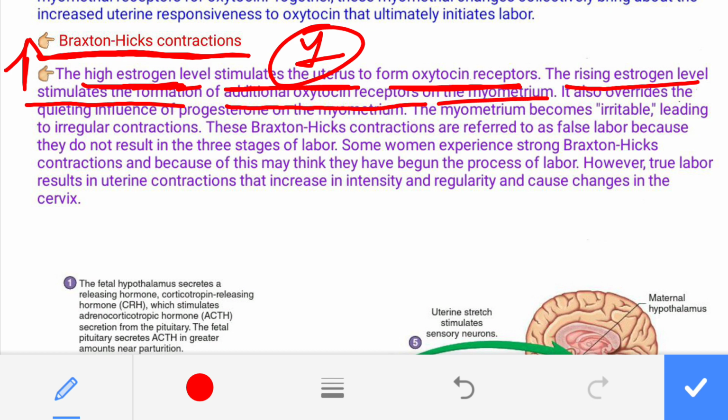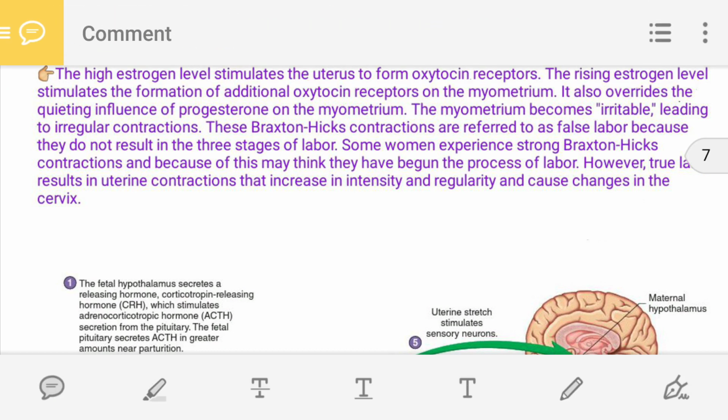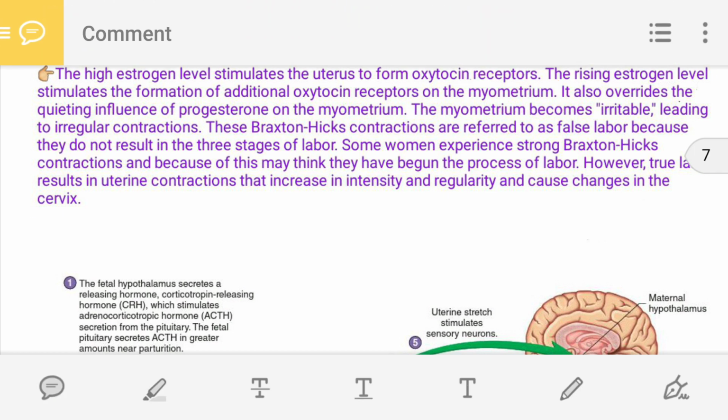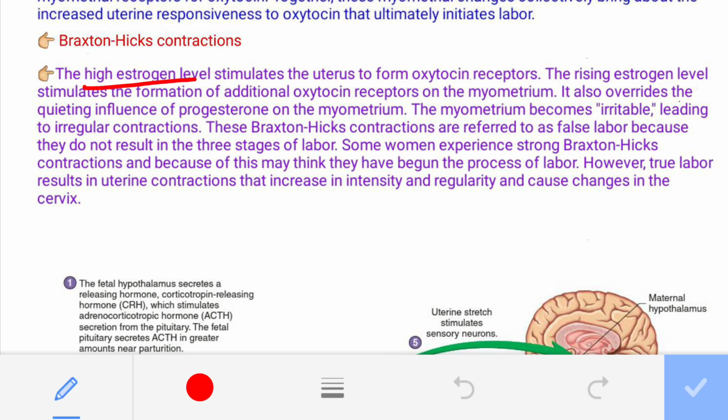So we can say some more receptors for the oxytocin are generated on the surface of the myometrium. And this high estrogen level overrides the quieting influence of progesterone. Now, what is the meaning of this? Now, we have to understand this.